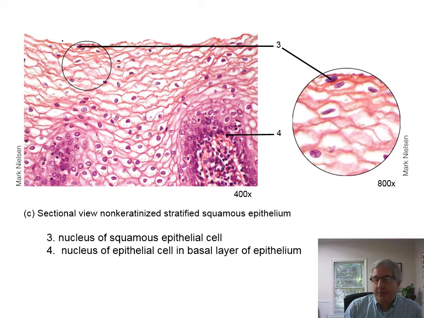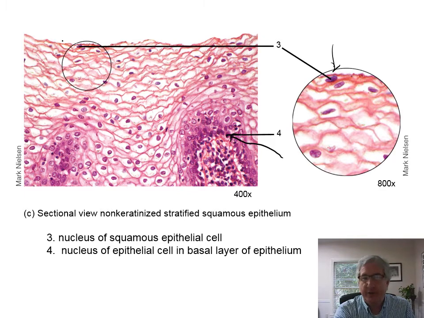Here's a higher magnification view of the same tissue, wall of vagina. For some reason, they're pointing out a nucleus right there, of a squamous epithelial cell. And then number 4 is the nucleus of a cell in the basal layer.